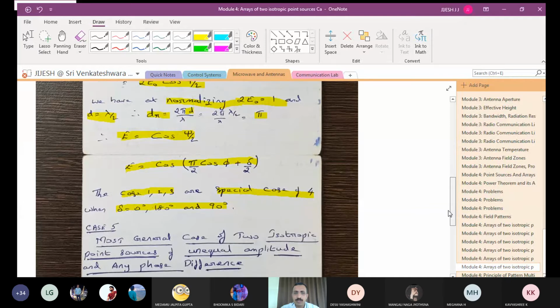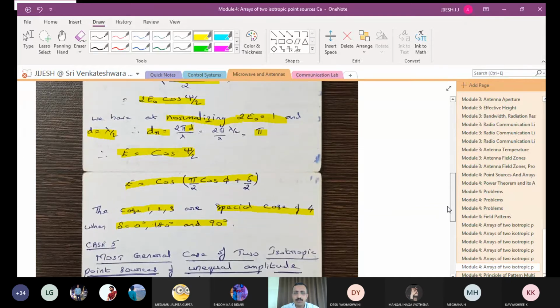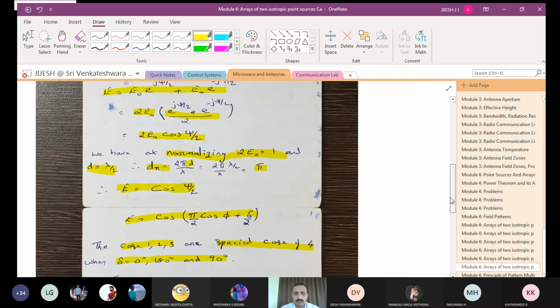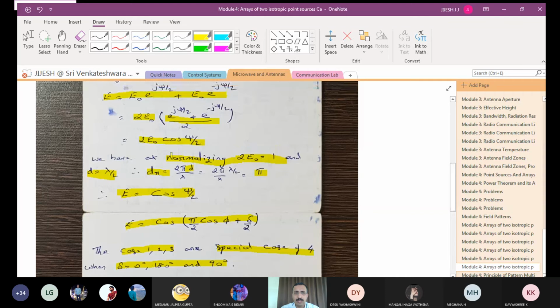So after completing this, we will move on to case 5. You can make a note of whatever we have discussed, the equations, and how it is going to be case 1, case 2 and case 3, in phase, out of phase as well as quadrature phase.